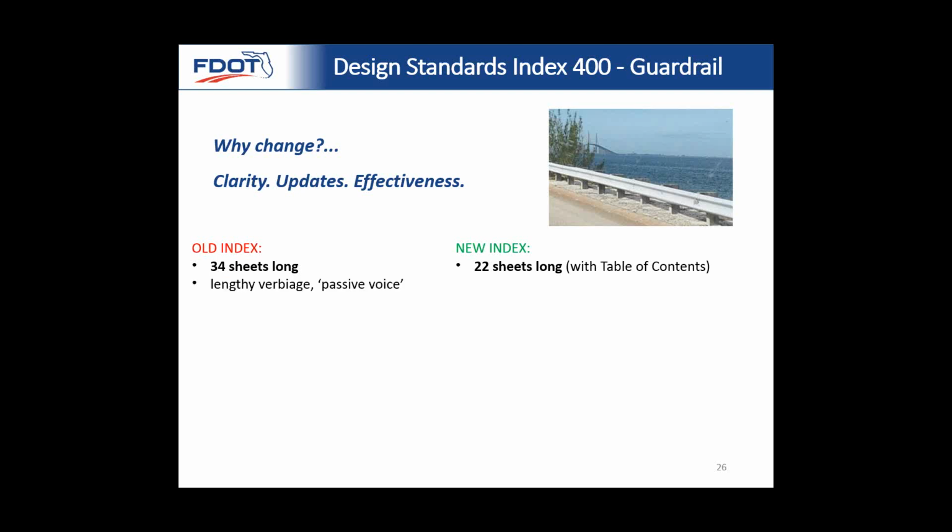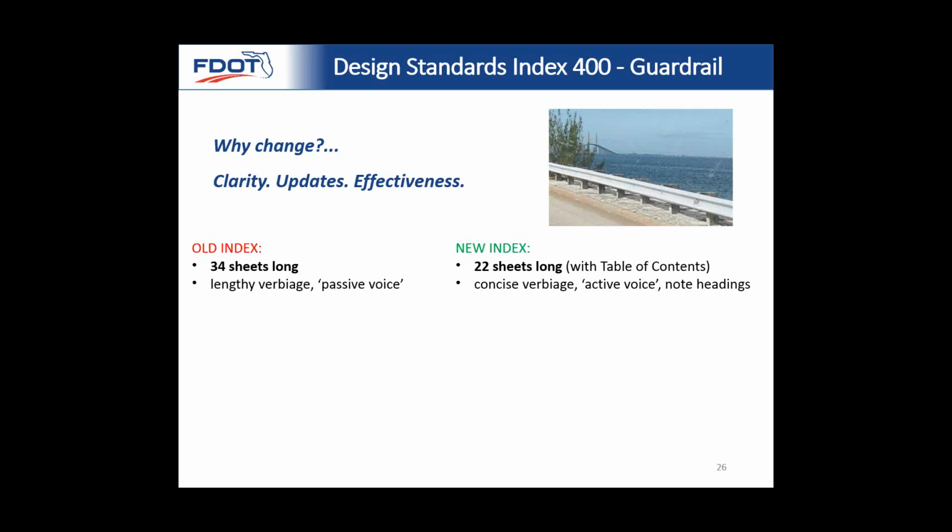The old index had really lengthy verbiage and passive voice. The new index has concise verbiage and active voice. That's something the department's heading towards, is just using more plain language and more direct instructions. Kind of shortens up the language a lot. And we also have note headings, which I'll show you in a moment.